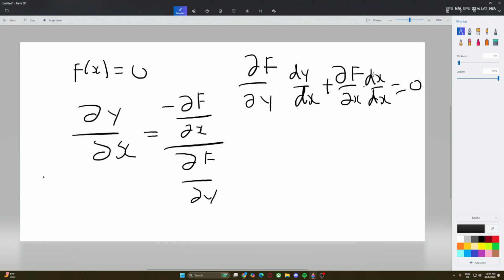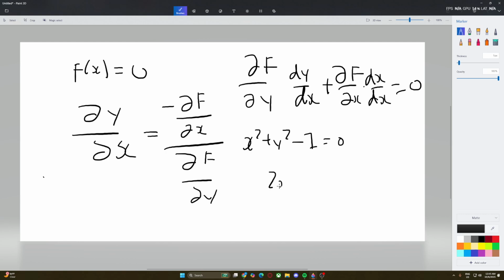I mean, it took dx with respect to dx, because we implicitly got x squared plus y squared minus 1 equals 0. We implicitly get the derivative of f with respect to x. You get like 2x.